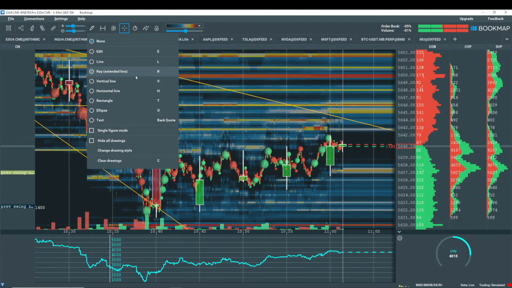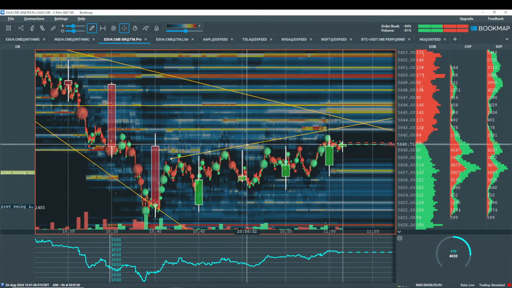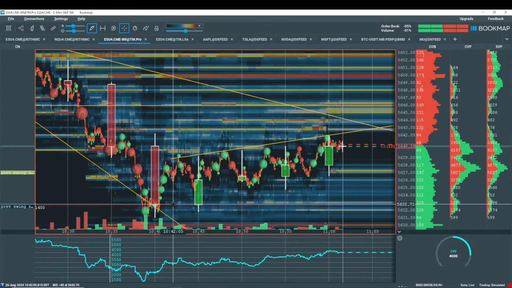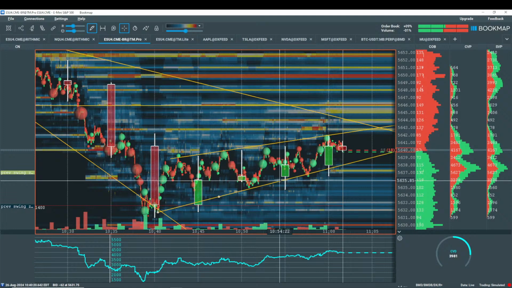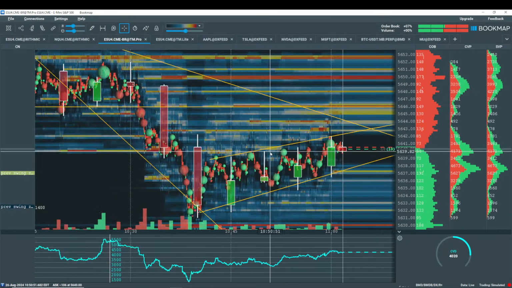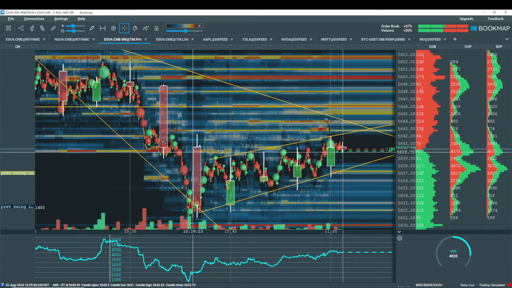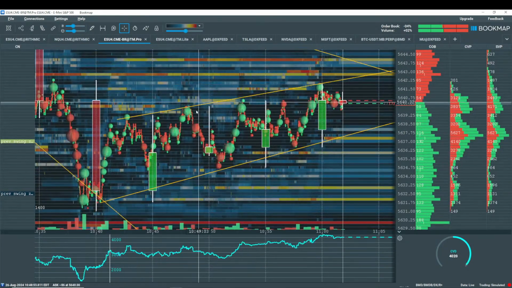Now let's take a look at maybe a price channel here. Another thing we're always looking at in the market structure is the angle, the steepness here, and the volume within those swings.